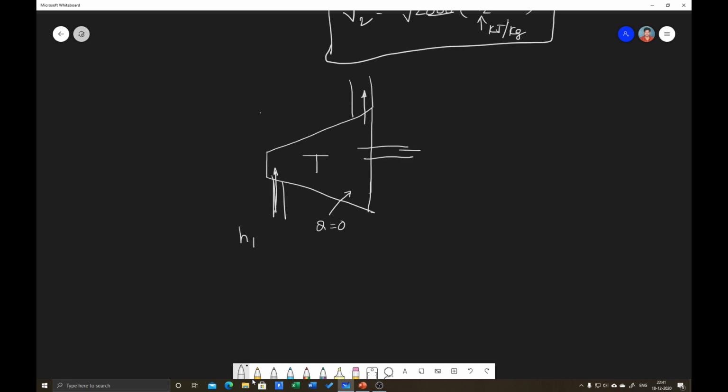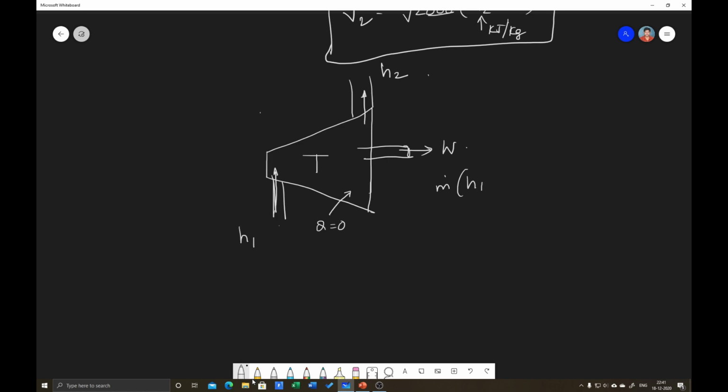This is also insulated, and the turbine gives work out of the system. If you apply the energy equation, here there won't be much difference between potential heads at the entrance and the exit.